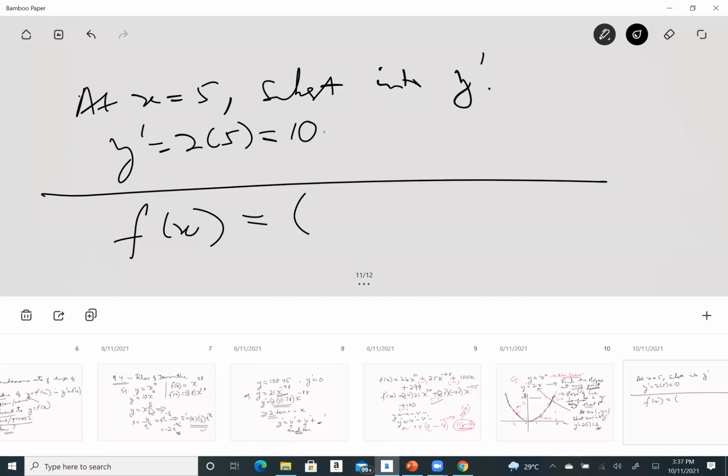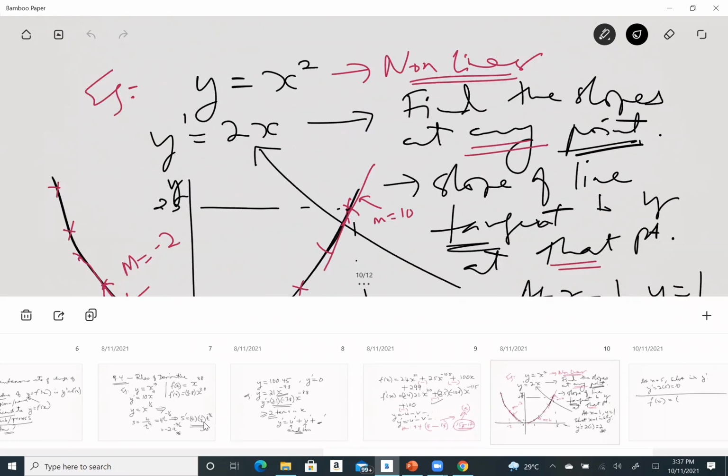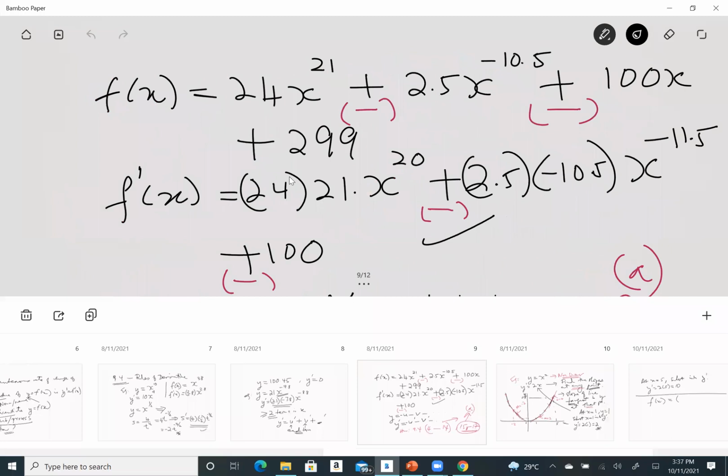So we have done the sum rule, difference rule. Difference rule dapat ke belum? Not yet. Okay. But I have the coefficient rule. The coefficient just follows the derivative.